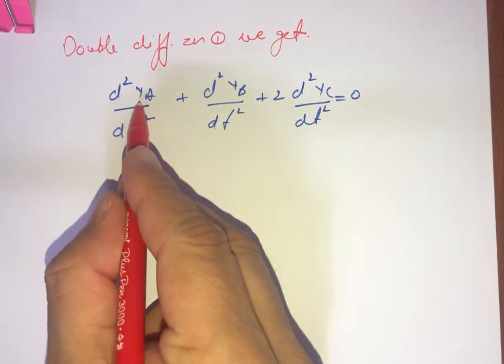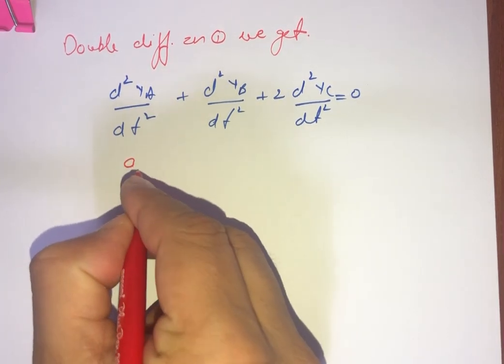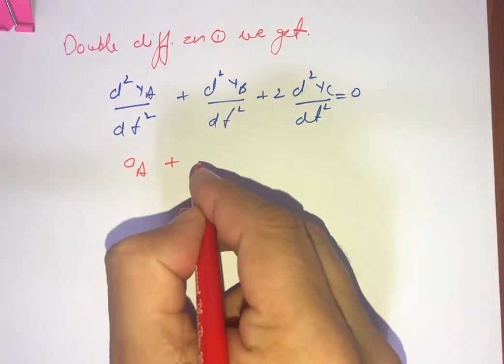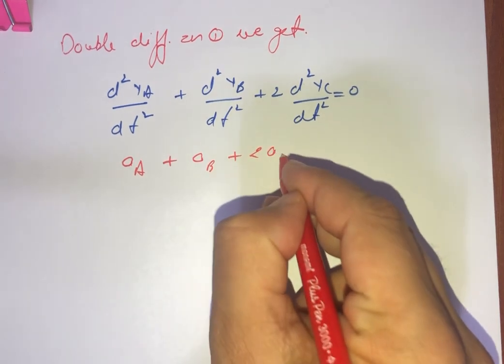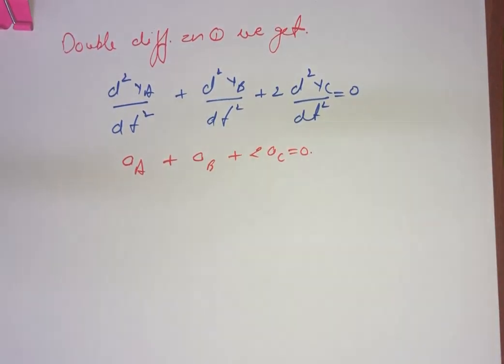So we say the acceleration of YA is AA plus the acceleration of YB is AB plus twice AC is equal to 0. Okay.